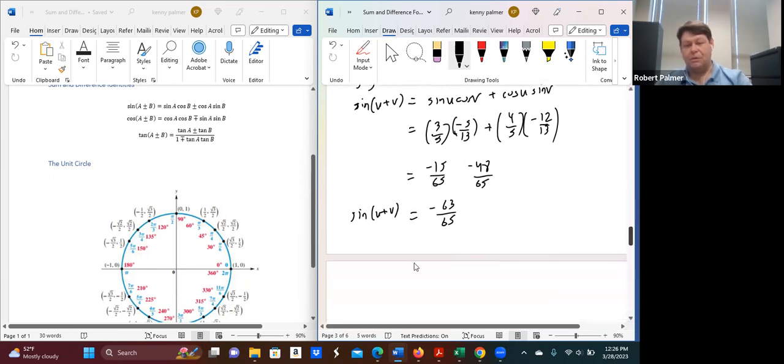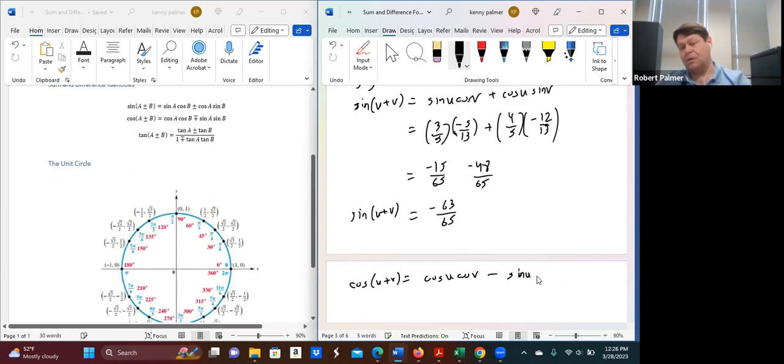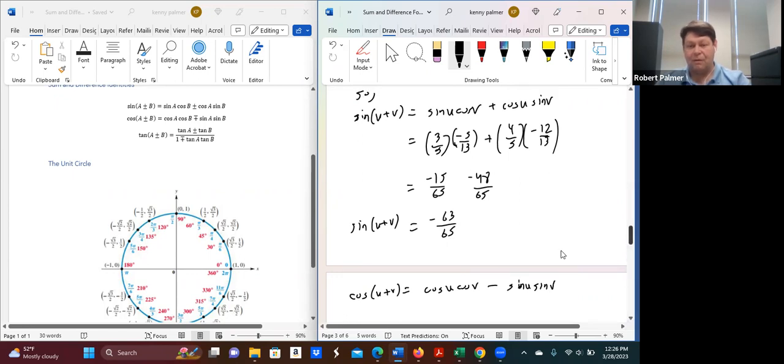Okay. Now, do the same thing for the cosine. So the cosine of u plus v, our formula is the cosine of u times the cosine of v, then minus the sine of u times the sine of v. We have all the same values we just found right here.